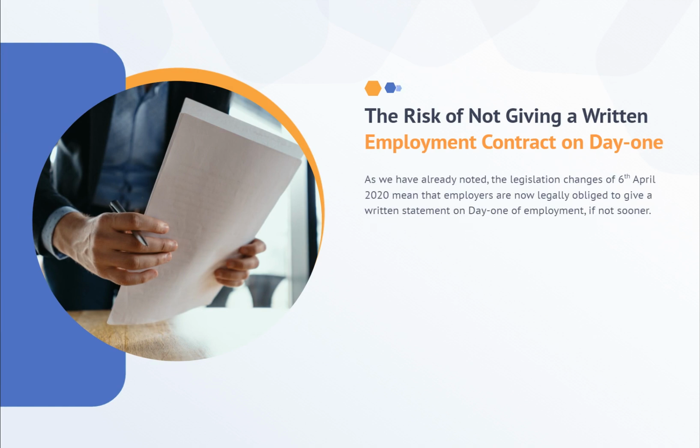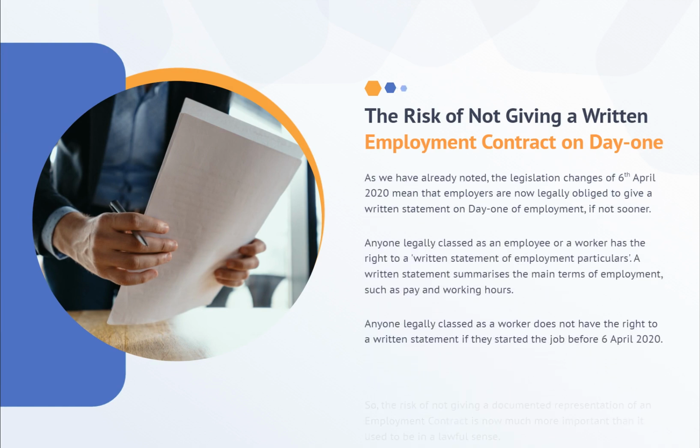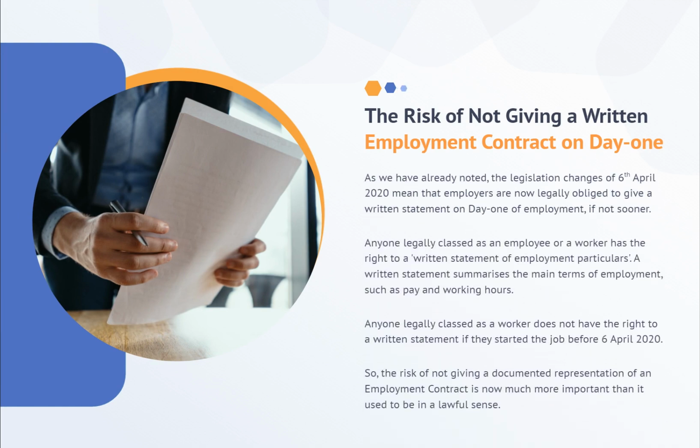The risk of not giving a written employment contract on day one. As we have already noted, the legislation changes of the 6th of April, 2020 mean that employers are now legally obliged to give a written statement on day one of employment, if not sooner. Anyone legally classed as an employee or a worker has the right to a written statement of employment particulars.